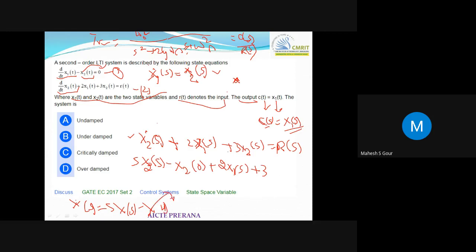So I'll solve once: 2 x1 of s plus 3 x2 of s. What is your x2 of s? It is x1 dot of s, is equal to r of s. Is it clear till here? Any doubts?